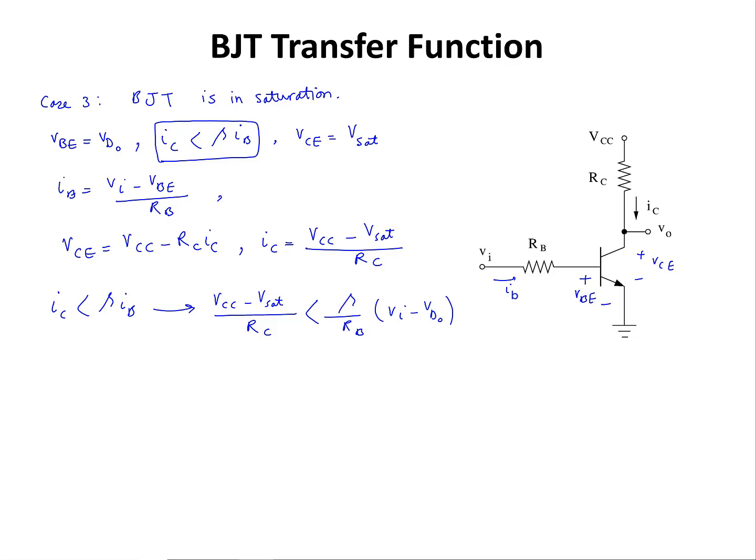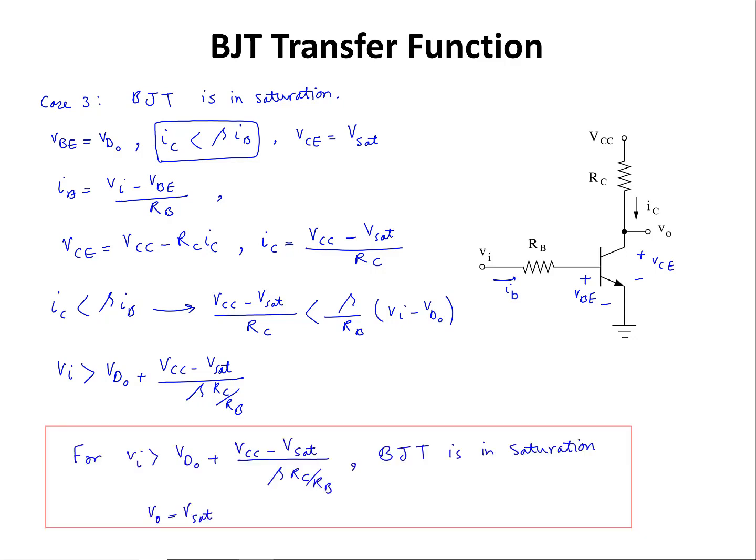And that tells me that VI is greater than VD naught plus VCC minus V saturation divided by beta times RC divided by R base. For this range of VI values, the transistor is going to go into the saturation mode. VCE, or my V out, is at its minimum value, which is equal to V saturation.